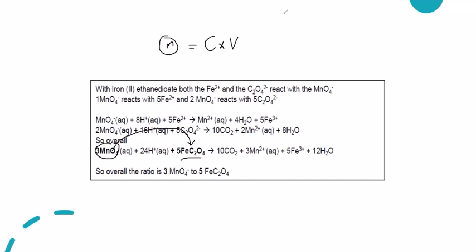And from that, we will work out how many iron 2 ions and how many ethane dioate ions there will be. The ratio is 1:1, so the same number will be there. But we directly take the equation instead of separately finding the ions for each.